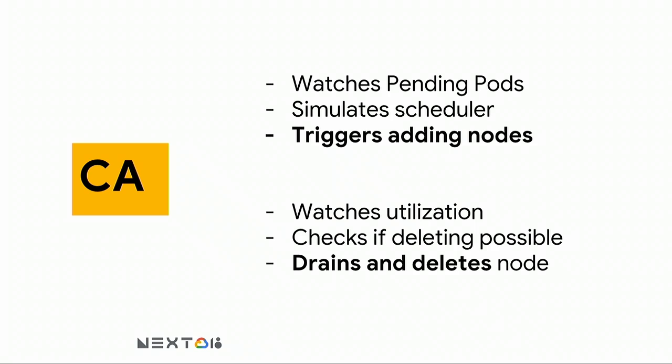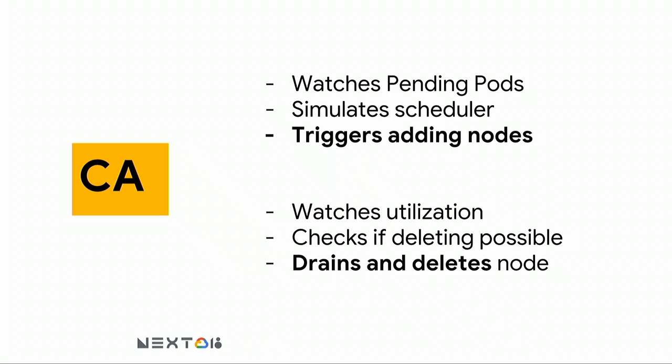Cluster Autoscaler is doing literally two functions, and within each of those, another three. It watches the pending pods, first of all. It's just seeing what the scheduler would be seeing. A pending pod means there is no space in the infrastructure for the pod to be scheduled.